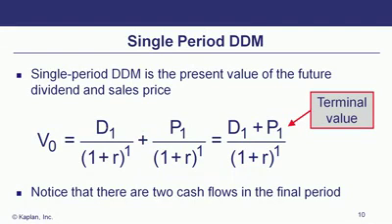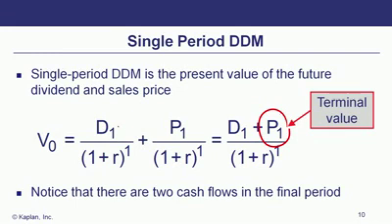Let's have a look at the easiest version when we apply it, which is the single period DDM. If you have a single period question in the exam, the key is that you're given a stock price in the future. We're referring to that as the terminal value. If you believe wholeheartedly in the dividend discount model, then you believe at any point in time the value is the present value of all future dividends.